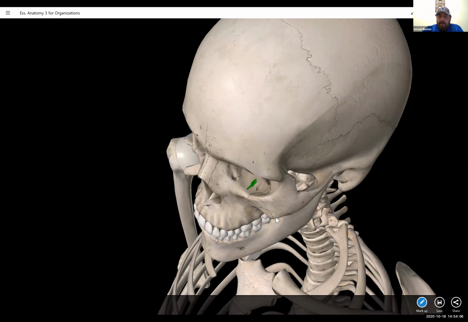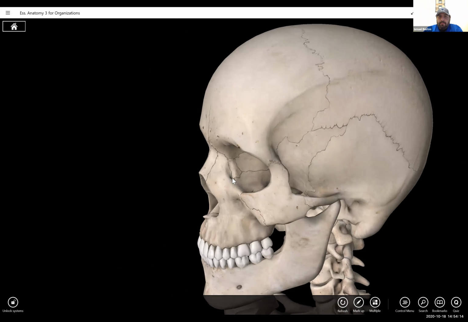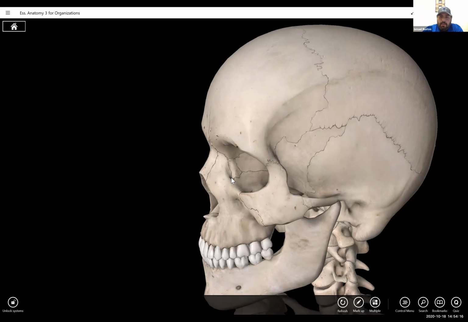It blows that part out of where it should be. So you'll get a part coming this way, a part coming this way, and then this middle portion gets pushed down out of there, and that's where it breaks. But again, with the modified, we are looking at blowout fractures.